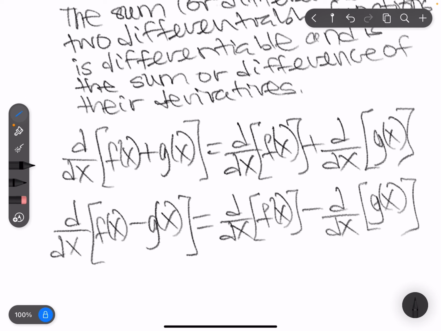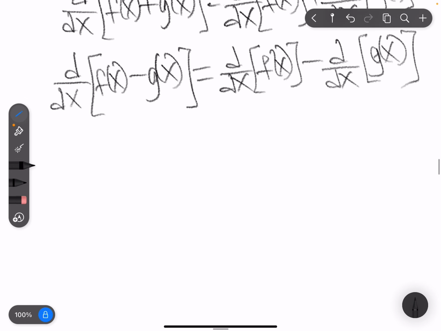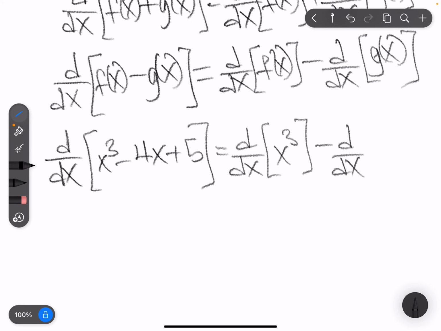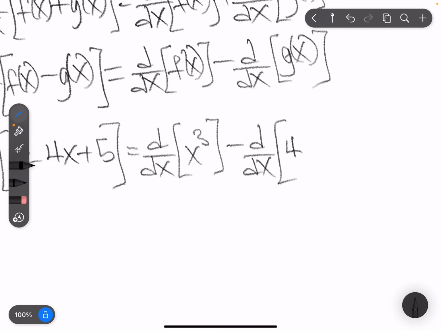So let's take a typical example. If we take the derivative of x cubed minus 4x plus 5, we can write this as the derivative of x cubed minus the derivative of 4x plus the derivative of 5.